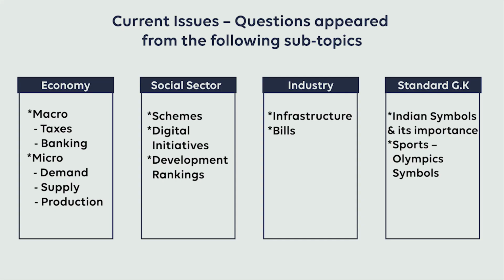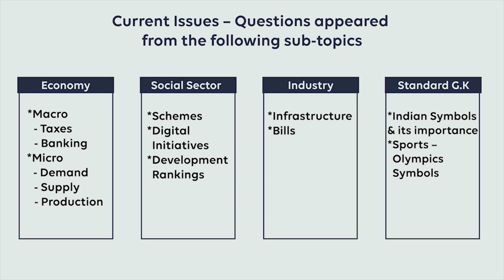Let us now look at the detail of the subtopics from where these questions have appeared. Let's take the first topic, current issues, and what are the subtopics under which the questions were asked by UPSC. You had economy questions, questions related to the social sector, questions related to industry, and certain standard GK questions.